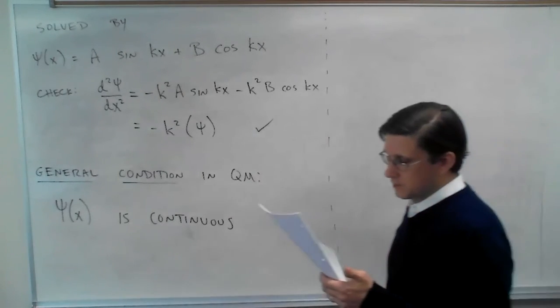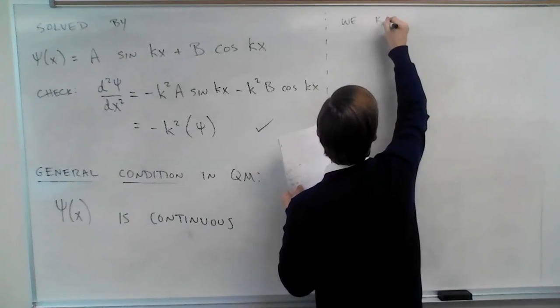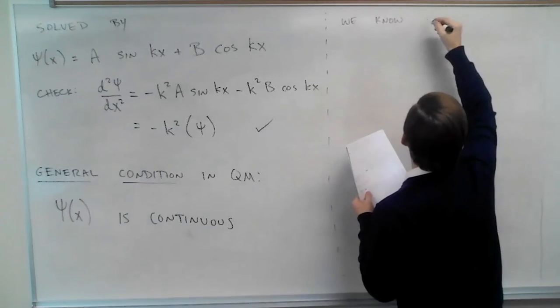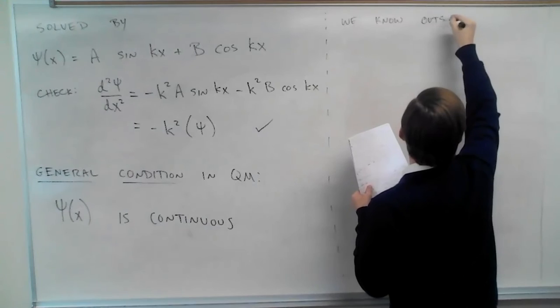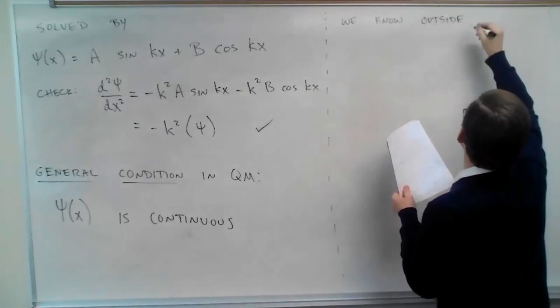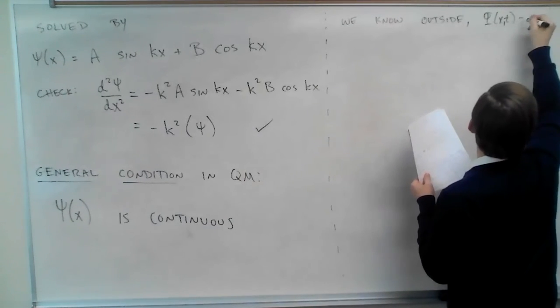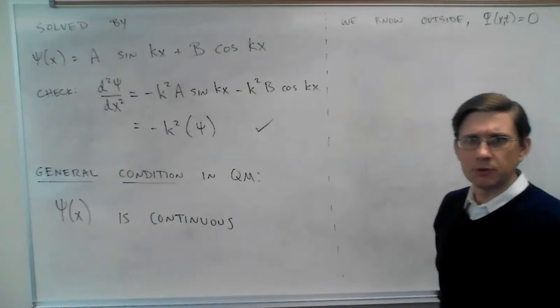So for instance, we know that outside of our boundaries, outside of our infinite square well, capital psi of x and t is equal to 0.